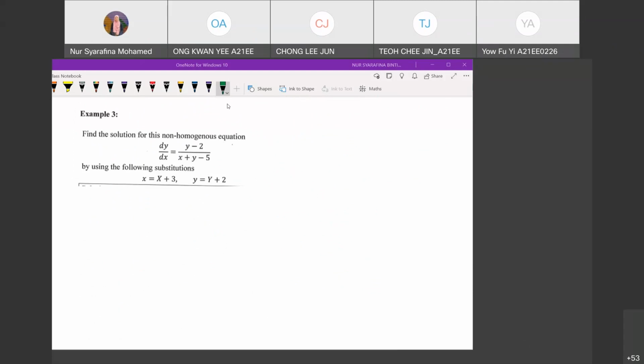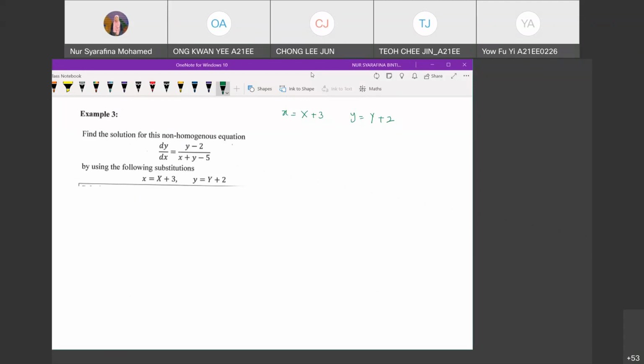Okay, first you are given a substitution of x equals X plus 3 and y equals Y plus 2. So here we have dx, the smaller x and the bigger X, equals 1. dy equals 1. So we want to substitute this dy and dx.